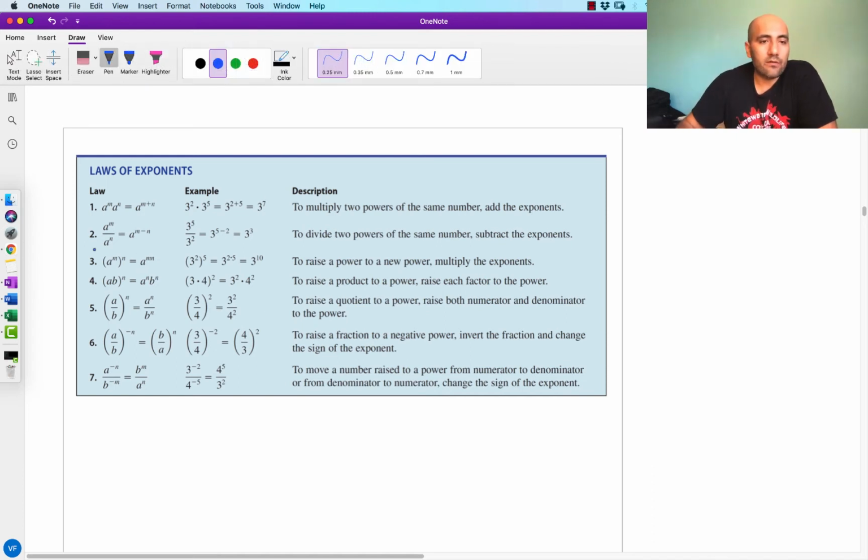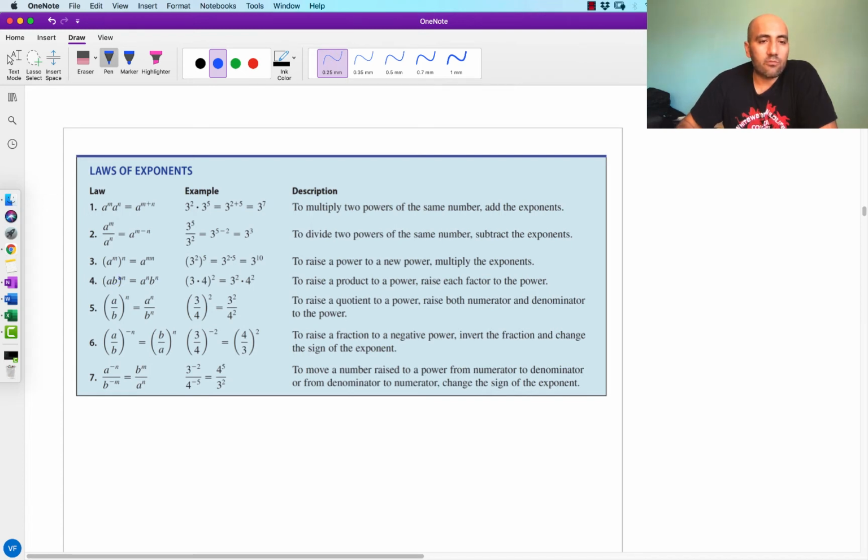Rule number 2 here. Then we subtract the exponents in this order. Right? Here's a nice little example. A to the power of m raised to the power of n. We multiply the exponents. Don't confuse rule number 1 and rule number 3. Right? Pay some attention there. Those two get confused all the time.